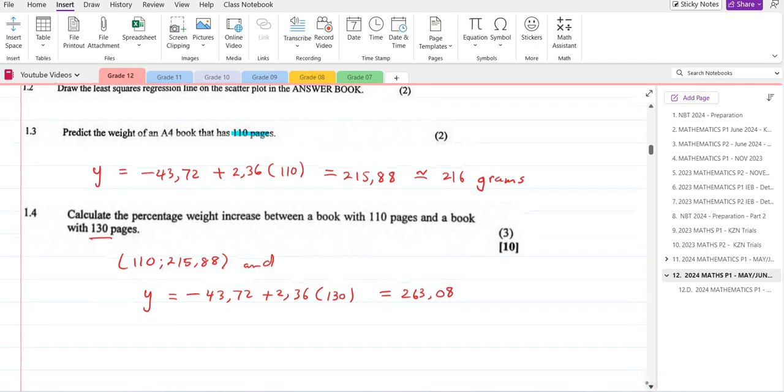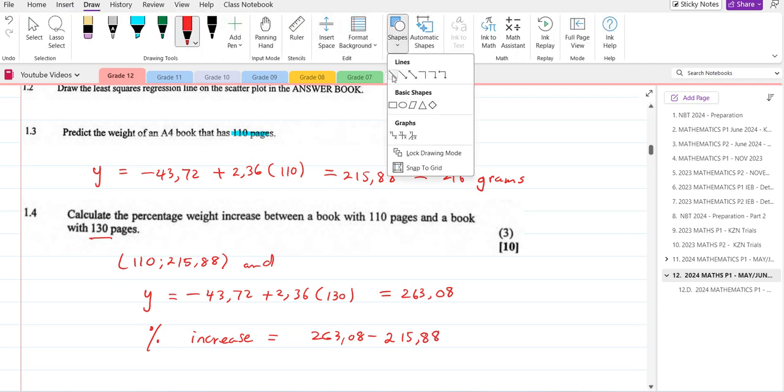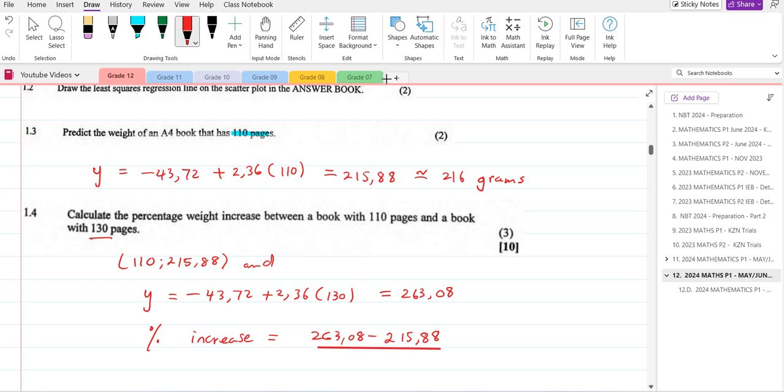So you're going to take final minus initial over initial. Percentage increase is equal to final, 263,08 minus 215,88, divided by what was the initial. The initial was 215,88 and then multiplied by 100.